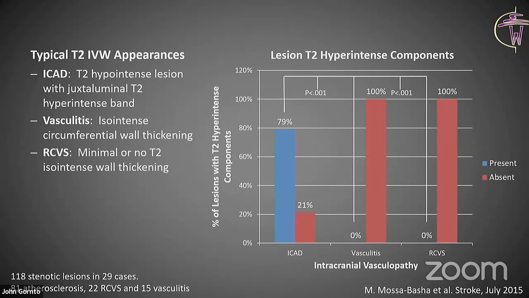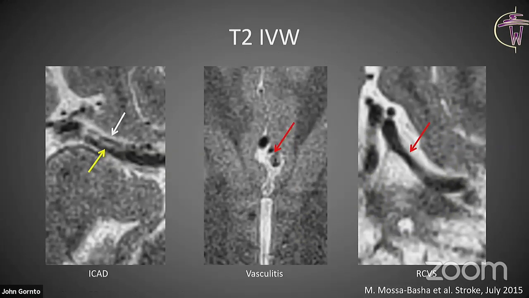Vasculitis typically showed isointense signal and concentric lesions, while RCVS showed minimal to no T2 wall changes. And just to show you what those appearances are, on the far image is atherosclerosis. You can see that hyperintense band along the lumen with the deeper hypointensity.